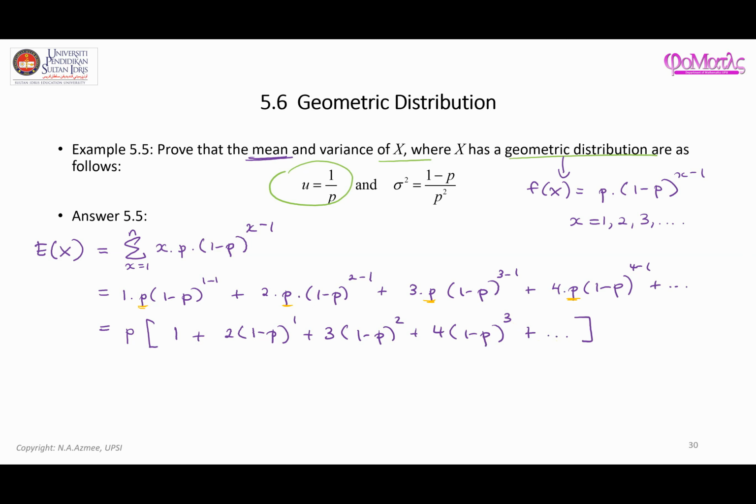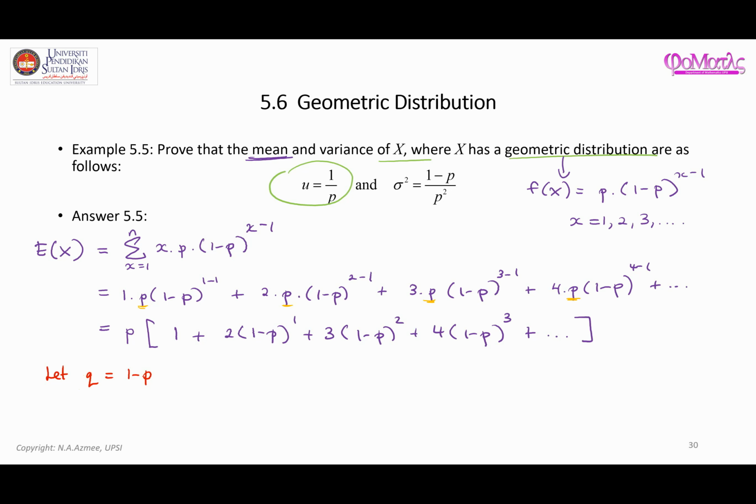To make it simple, we're going to let q represent 1 minus p. So 1 minus p is 1 minus the probability of success, right? P here is the probability of success. Therefore, q here is just the probability of failure. So we're going to replace 1 minus p with q so that it makes things look easier.